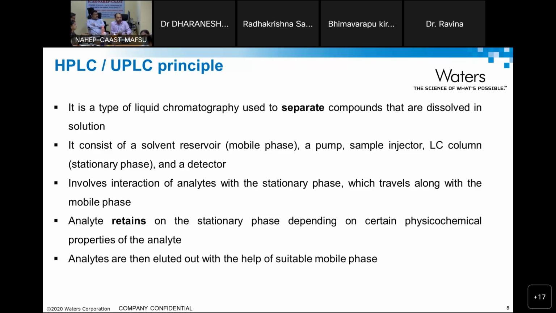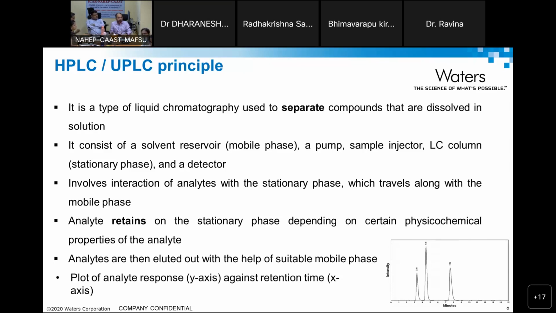Those analytes which are retained on the stationary phase then elute out with the help of a suitable mobile phase. Finally, you get a plot of analyte response on the y-axis against the retention time, since the basic phenomenon is the retention of the analyte. So on the x-axis, you get the retention times of the individual compounds.